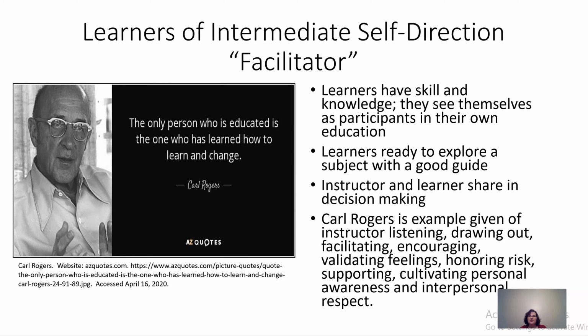Dr. Grow used Carl Rogers as an example. Carl Rogers was an American psychologist, also described as a humanist, and he was the first to describe using a client-centered approach. He's also considered to be one of the founding fathers of modern psychotherapy.